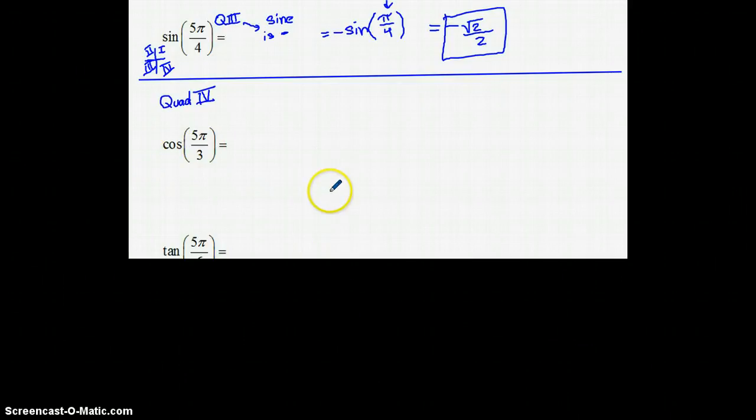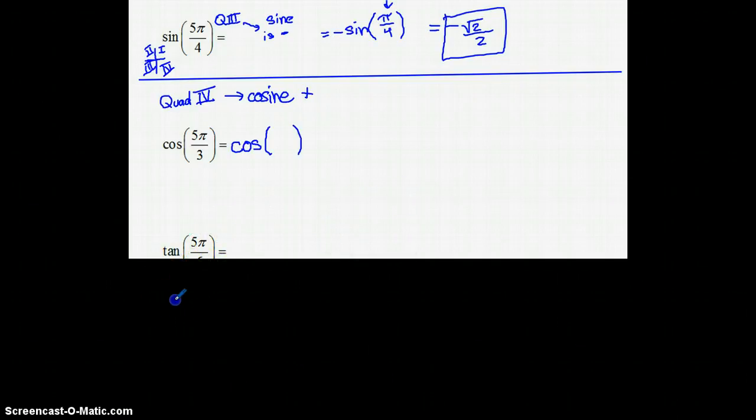What sign does cosine have in the 4th quadrant? Well, in the 4th quadrant, x is positive and cosine is attached to x. Therefore, cosine is going to be positive. So there's not going to be a negative sign here. It's going to equal the cosine of whatever our reference angle is.